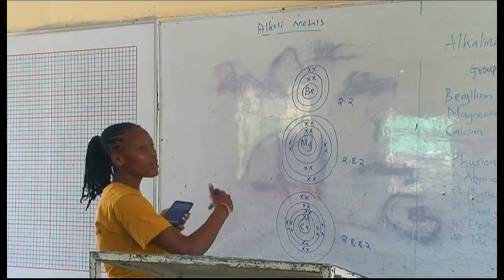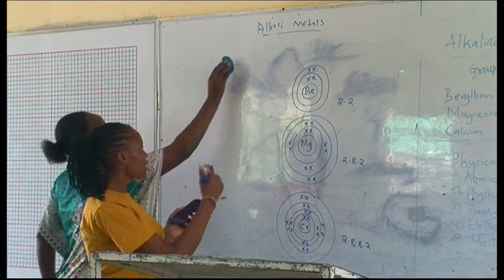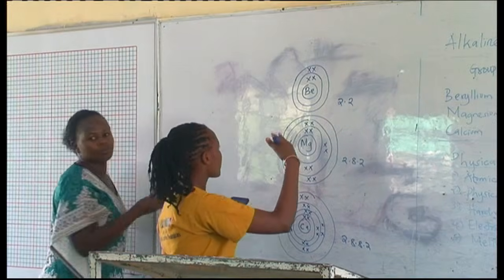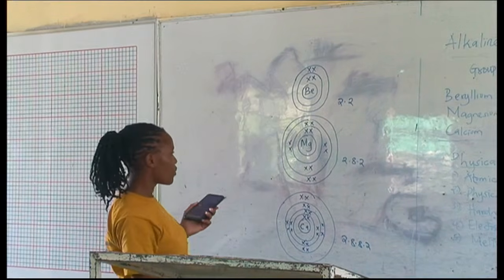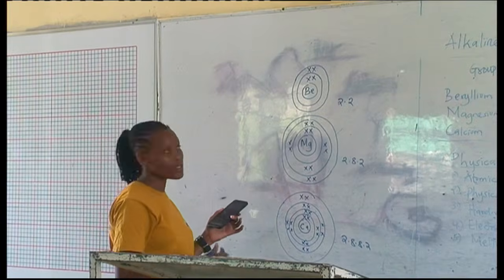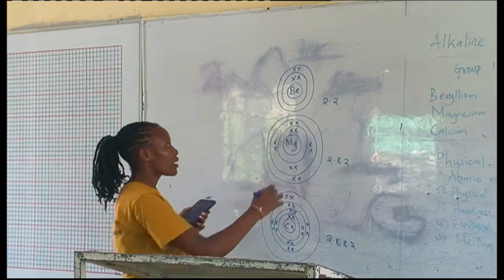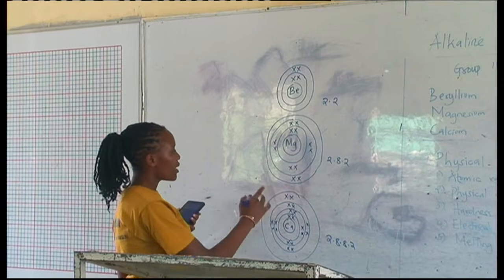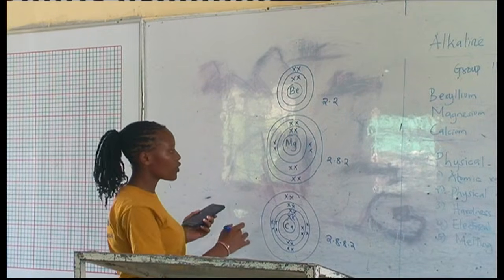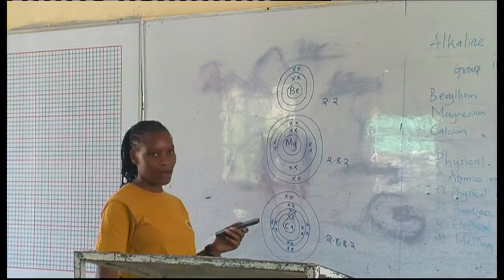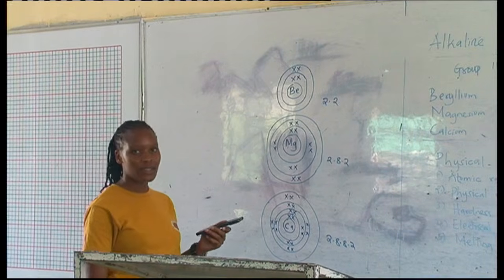the atomic radius will be increasing down the group, or their sizes increase down the group, because beryllium has got 2 energy levels, and magnesium has got 3 occupied energy levels, and calcium has got 4 occupied energy levels.